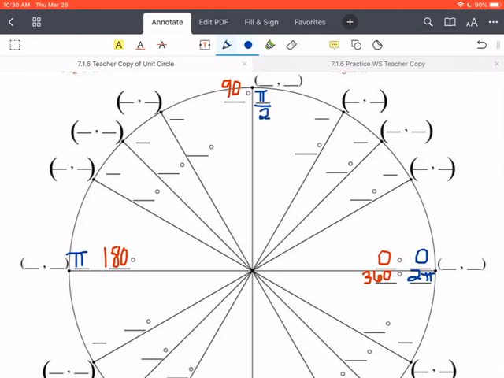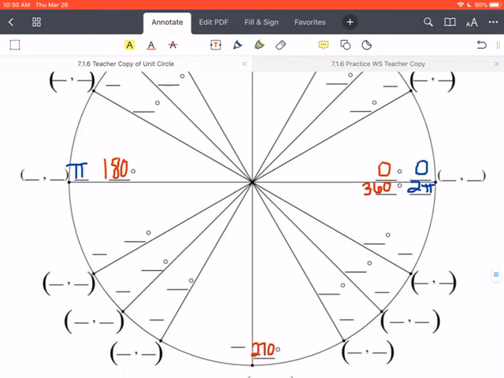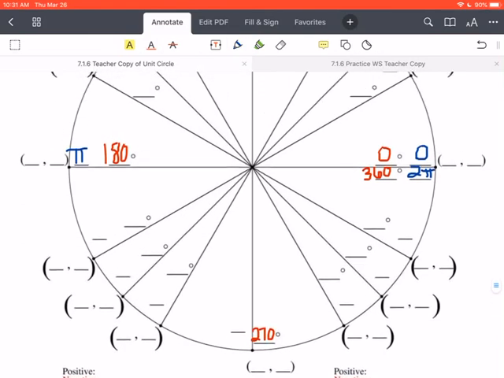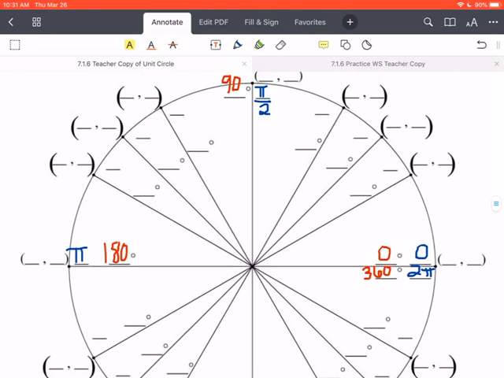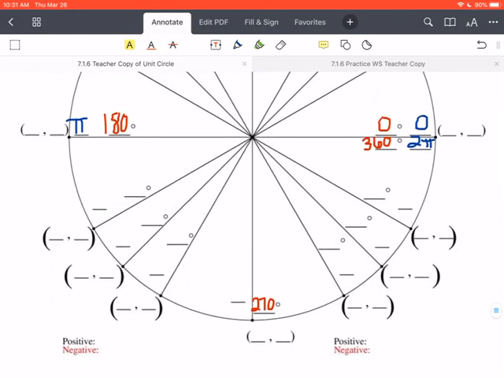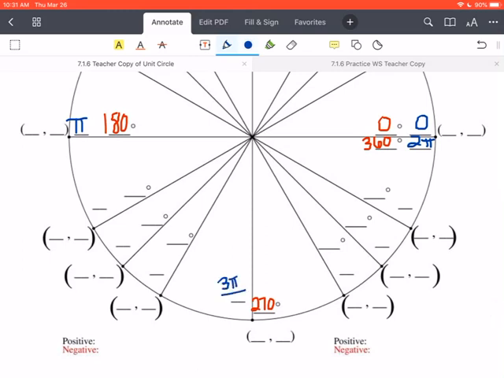Then we can do the same thing in the bottom 2 quadrants, but we could also count by pi over 2's. You have 1 pi over 2, 2 pi over 2's is pi, so then down here we have 3 pi over 2's. That's what I would fill out first.